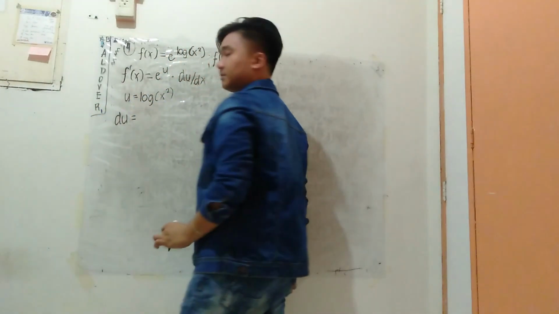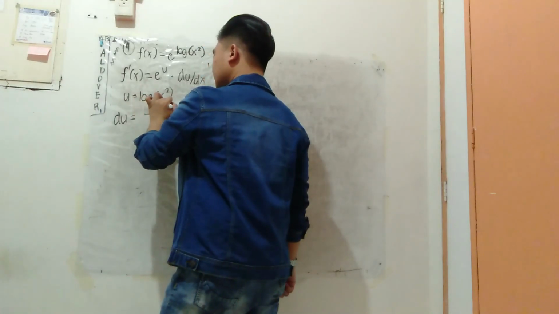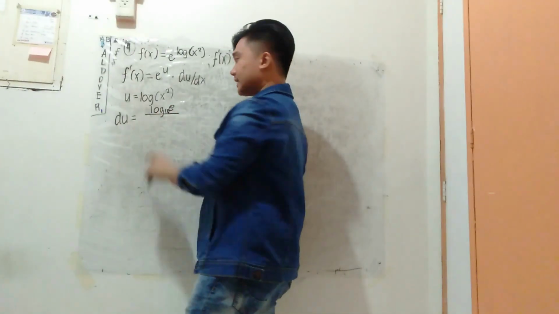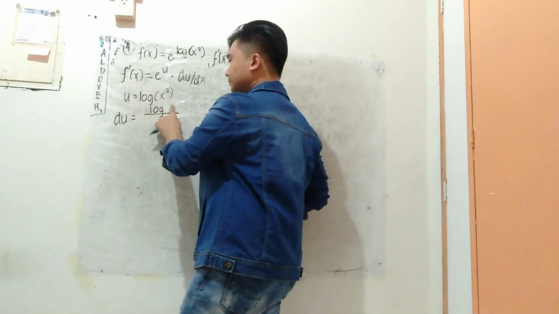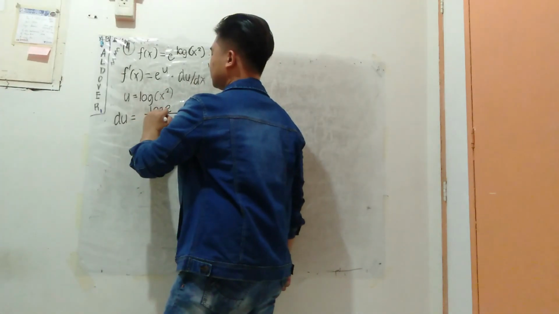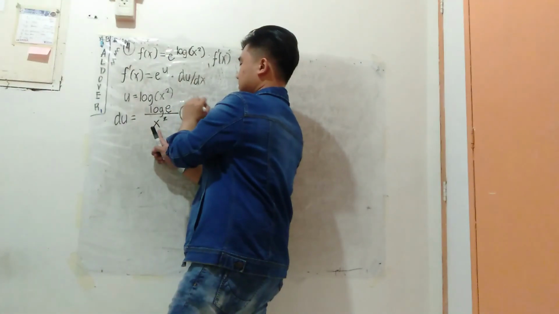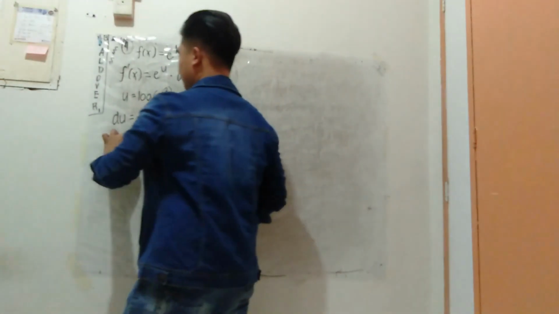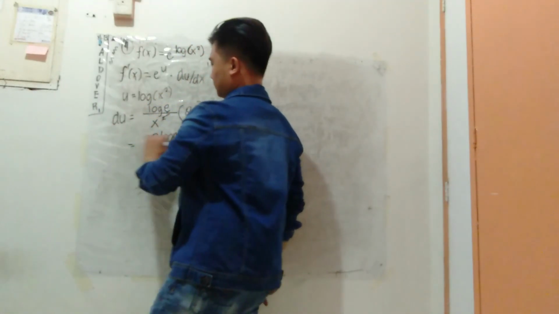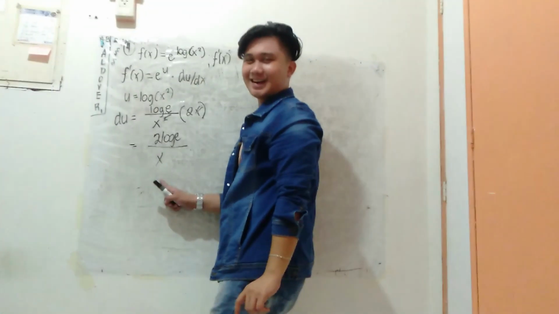Pag kinuha ko derivative niyan, that is equal to log of e to the base 10. Kahit hindi ko na nga actually ilagay kasi default yun kapag walang nakalagay. Over u, which is x squared, times derivative nun, which is 2x. Diba? Cancel lang. That is equals to 2 log e over x.